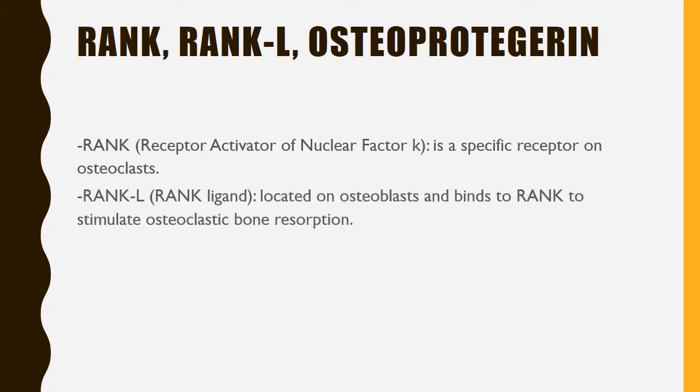RANK ligand, or RANKL, is located on osteoblasts and binds to RANK to stimulate osteoclastic bone resorption. So RANK ligand is located over the surface of osteoblasts and it binds to RANK on the surface of osteoclasts to induce bone resorption. So there is an interaction between osteoblast and osteoclast. It is a balance.